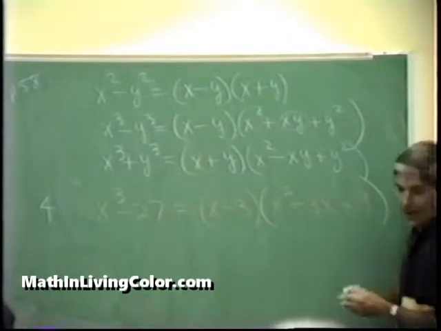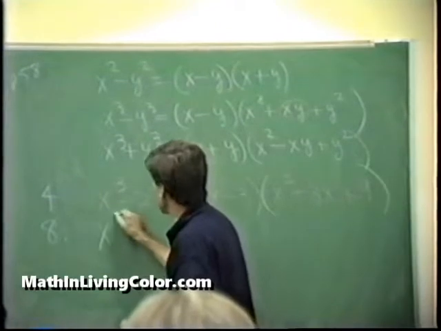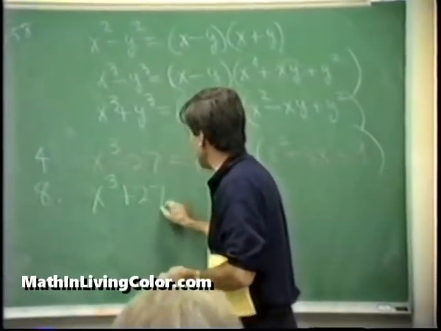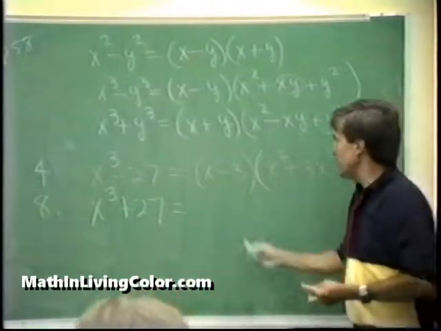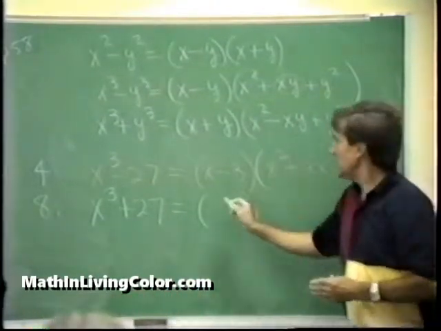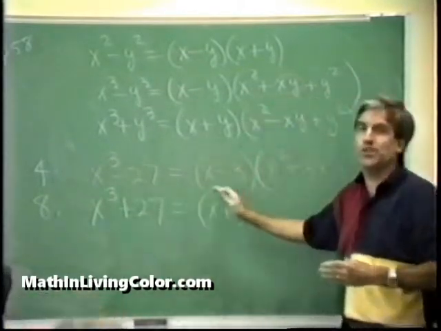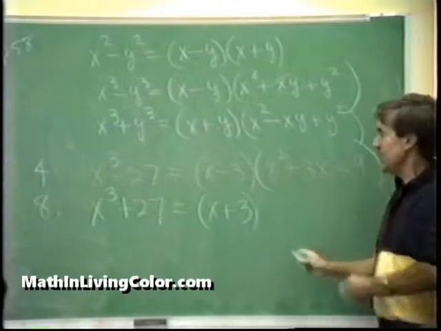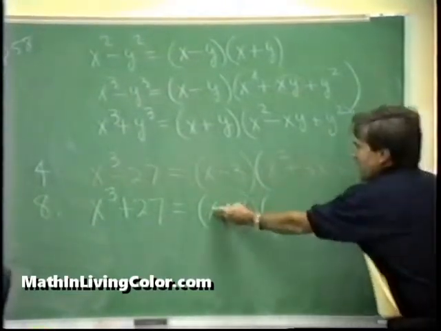Now, having done that, let's go to number 8. Number 8, the problem says x cubed plus 27. So what do you think we're going to do with x cubed plus 27? We're going to start off with what plus what? X plus 3. You see, if it's x cubed plus 27, we're going to start off with x plus 3. And then we're going to build a trinomial based upon the binomial.